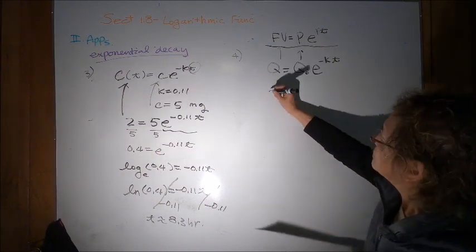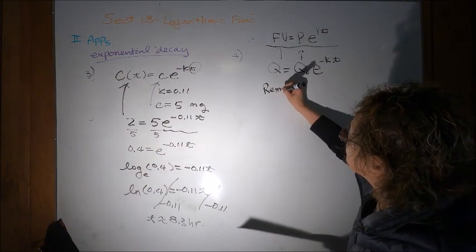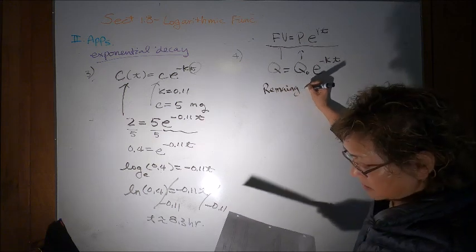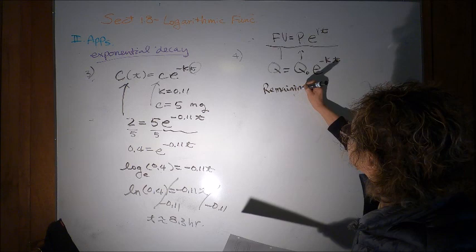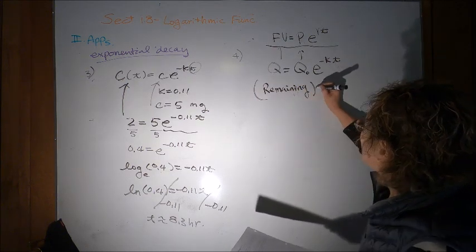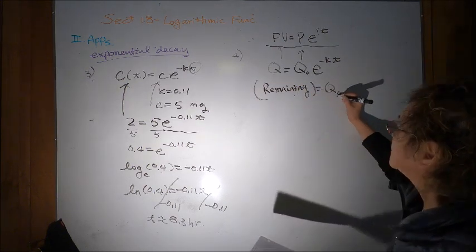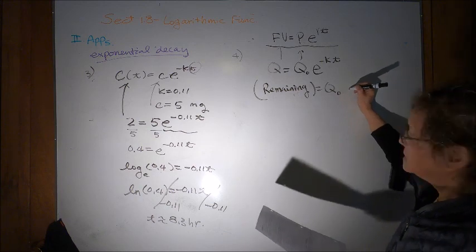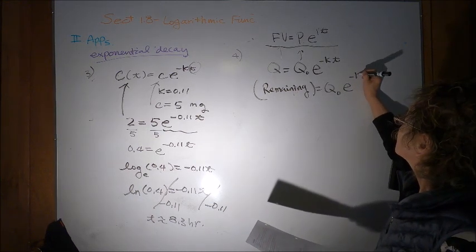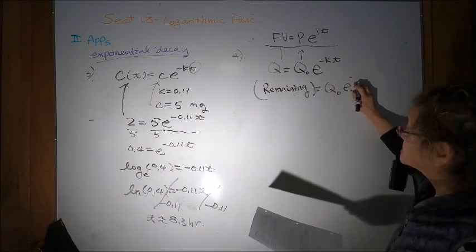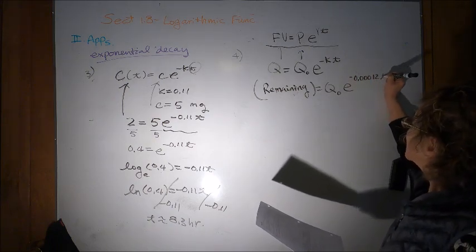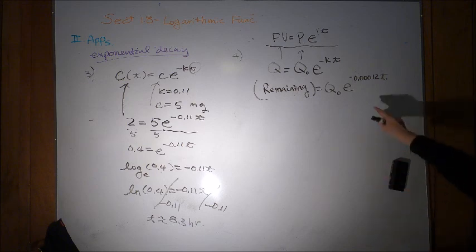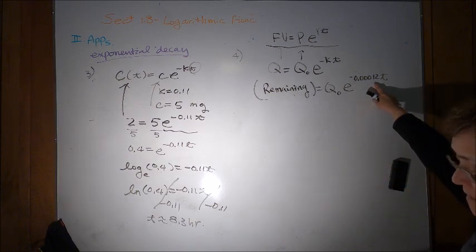So what's the remaining? It would be the original one, whatever it was, times e to the kt. What's our k? For carbon-14, that's the decay rate.